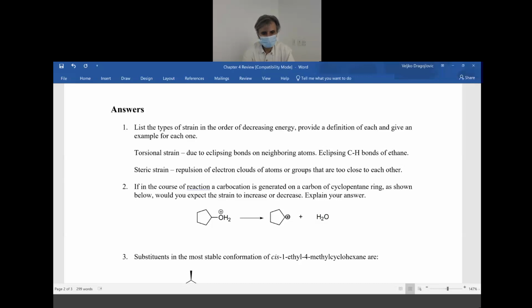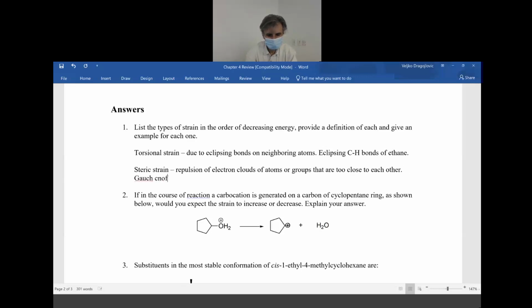And an example, we can say, is the gauche conformation of butane.